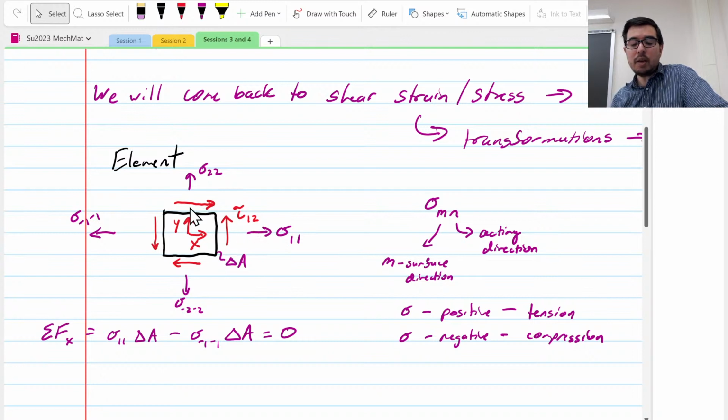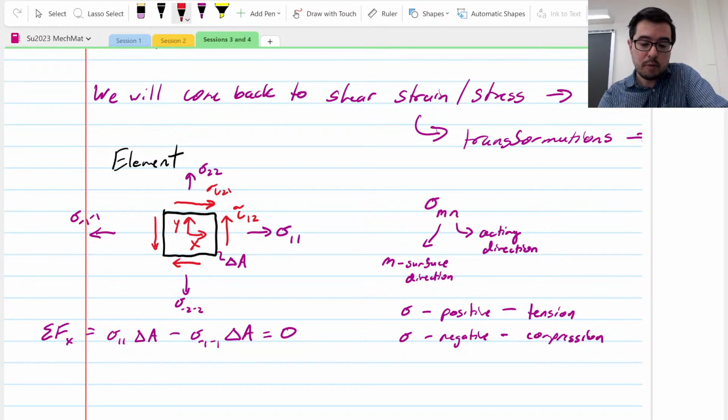This one right here, it's on the 2 surface in the 1 direction, so this is tau 2, 1. And this one over here on the left side would be a minus 1, minus 2. And this would be a tau minus 2, minus 1.